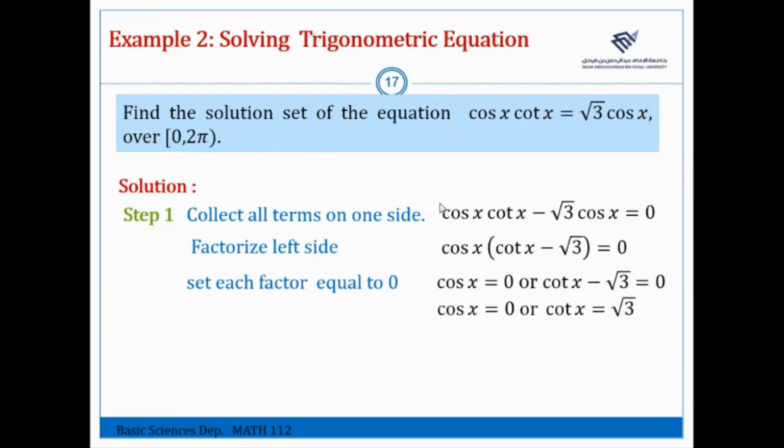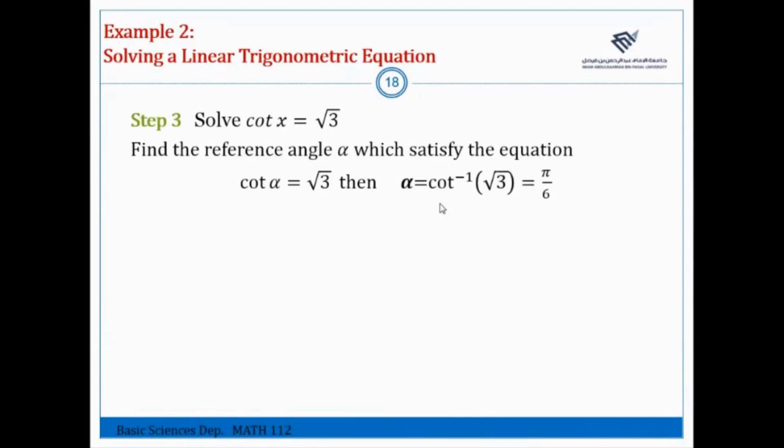And now you look for angles, where either the cosine of this angle is 0 or the cosine of this angle is square root of 3. For cosine 0 it's easy because it is a known angle, so pi over 2 or 3 pi over 2. For the other we use cosine inverse, more precisely the reference angle, which is 30 degrees, pi over 6.